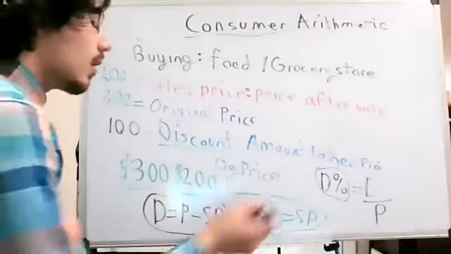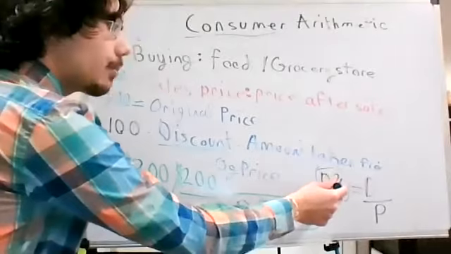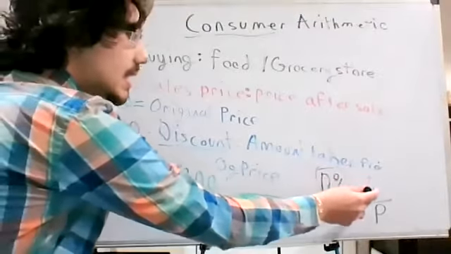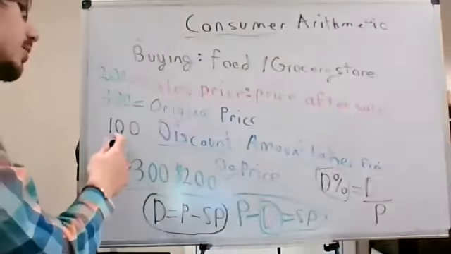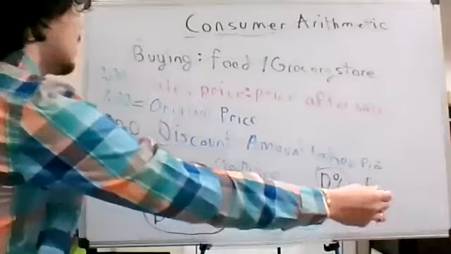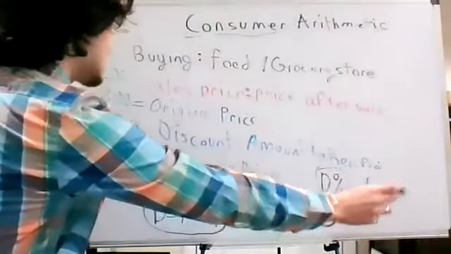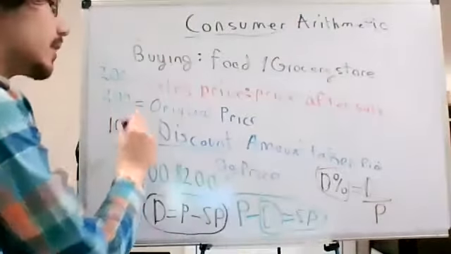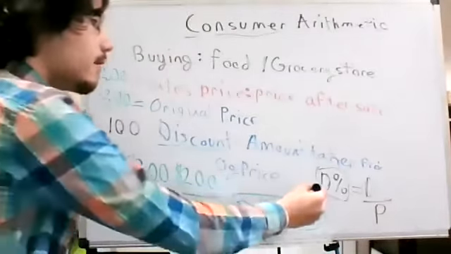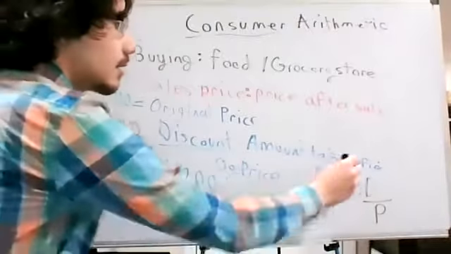Mr. Nathan, we're trying to find the discount percent, which is equal to the discount divided by the price. The discount is 100 and the price is 300. So, Mr. Nathan, can you find out the discount percent?